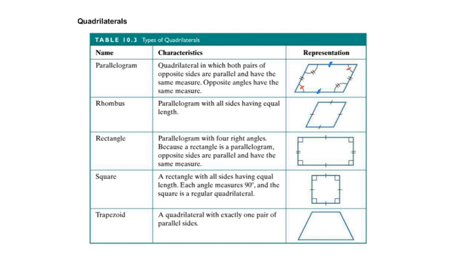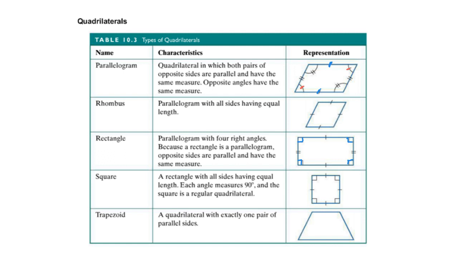A rectangle here is also a parallelogram. Opposite sides are going to be parallel. Notice that each little corner creates a little square, which is a 90 degree angle. All right, so we'll get that in there. Opposite sides are parallel.